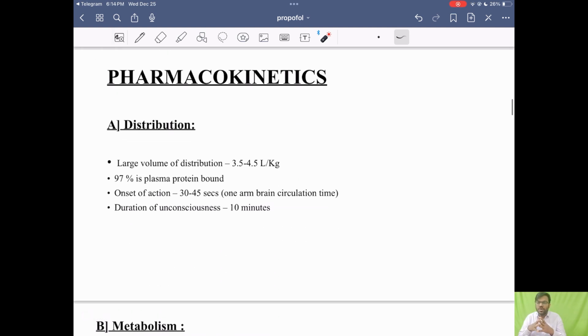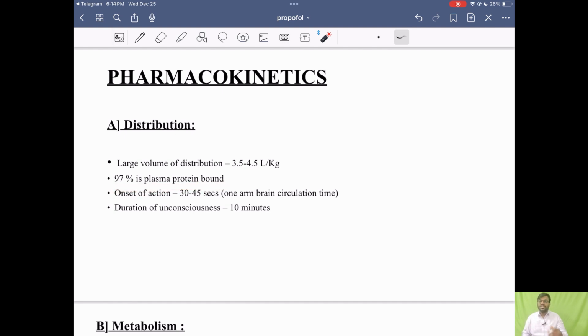So now we are going to talk about the pharmacokinetics of propofol. Propofol has a large volume of distribution, approximately 3.5 to 4.5 liters per kg, and it is 97% plasma protein bound.